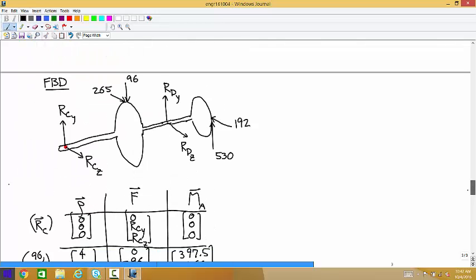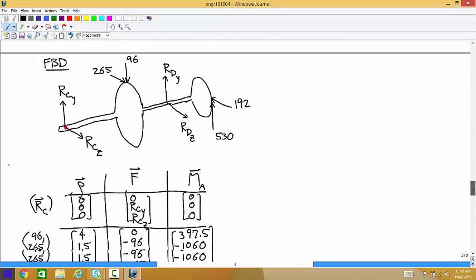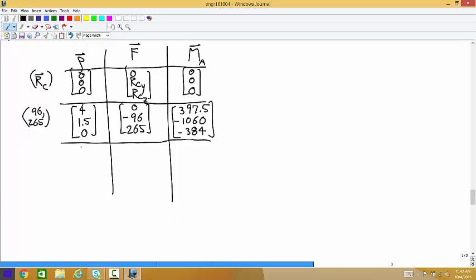And then the next force is at D. The coordinates of that point are 7 inches in the positive x direction, no y, no z. So 7, 0, 0.